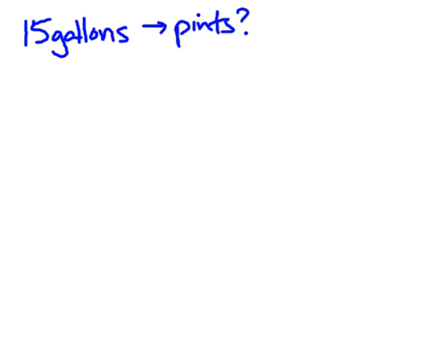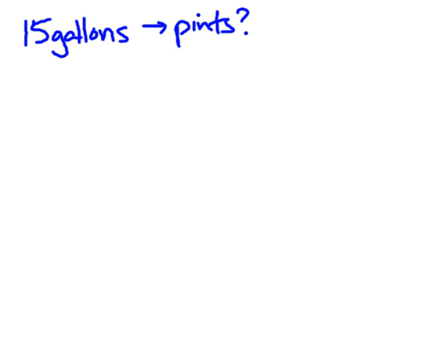Okay, 15 gallons into pints. So your equivalency statements, okay, I happen to know the direct relationship between pints and gallons, and if you do, that's great. Then this becomes a one-step process. But because the majority of you probably do not know, we'll build up to it.